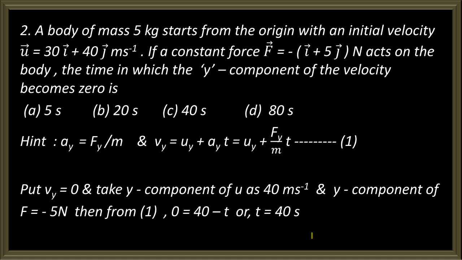To find the value of Uy, we can use this equation. So here Uy is 40 meter per second and y component of force is minus 5 Newton. So putting the value of Uy, Fy, m, we get the time equal to 40 second. Okay. So here your correct answer is t equal to 40 second, option C.